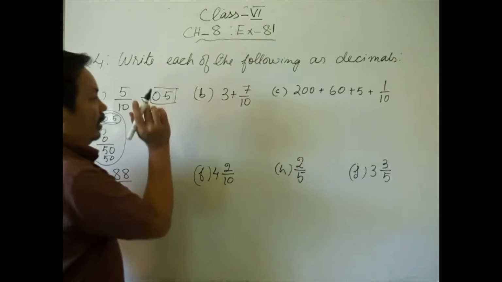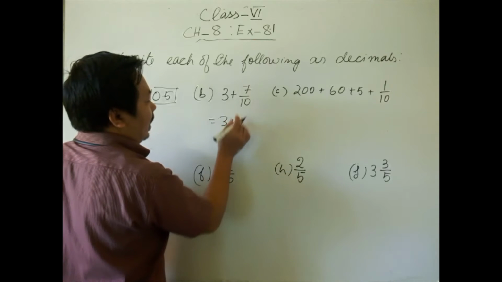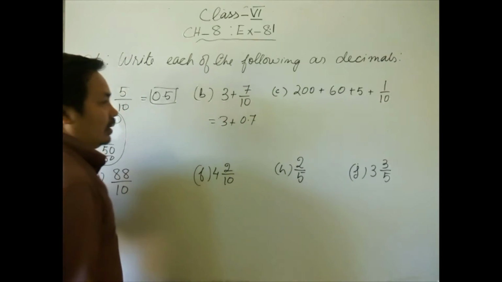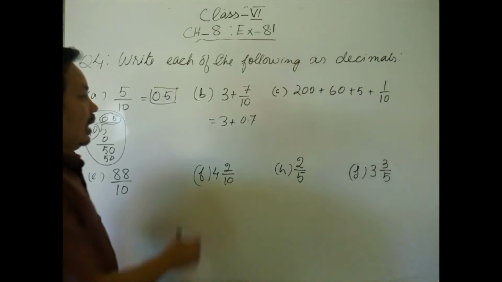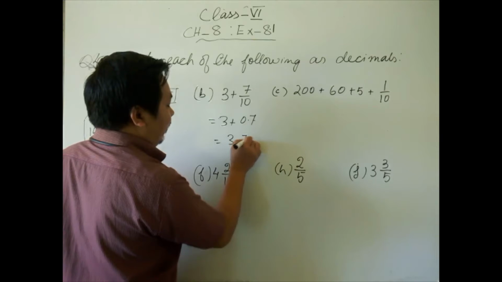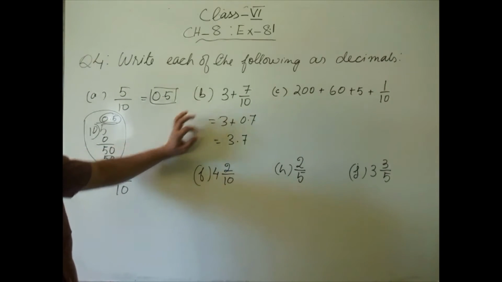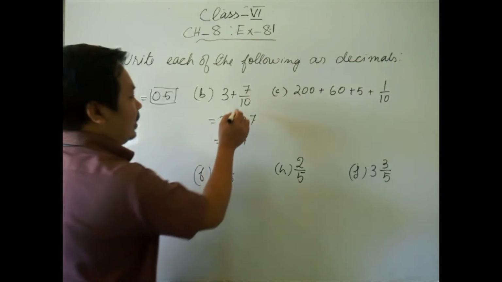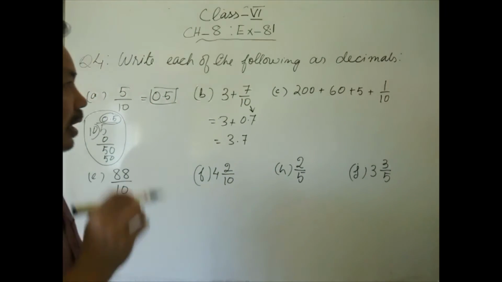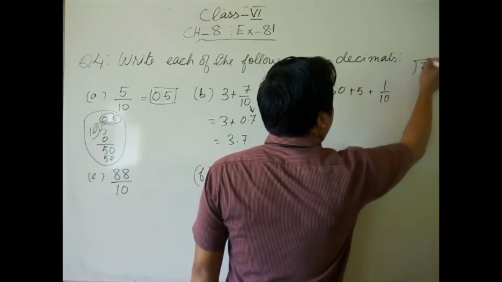But here you see, 3 and 7/10, you know 7/10 is 0.7 already. So that means it is 3.7, when you add 0.7 and 3. How do you get this 0.7? I will show you here. For example, this 7 is divided by 10.